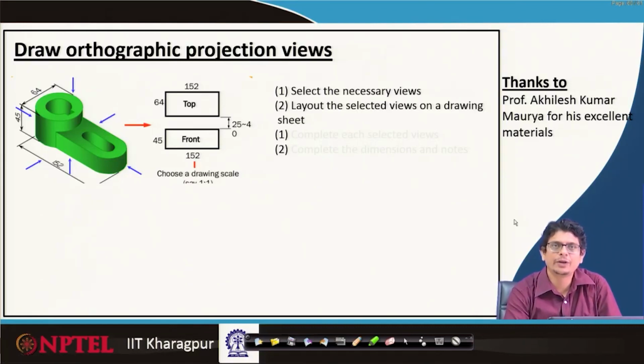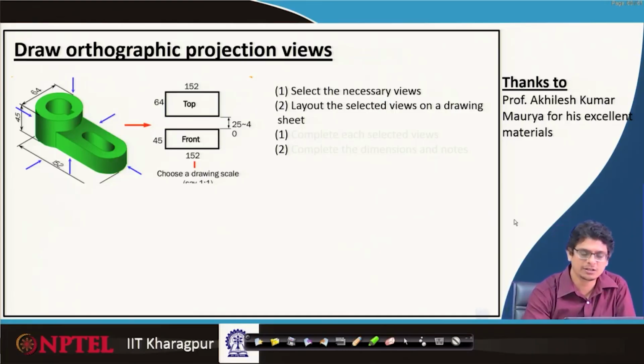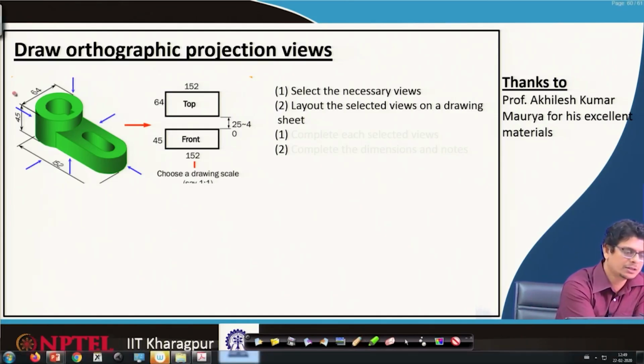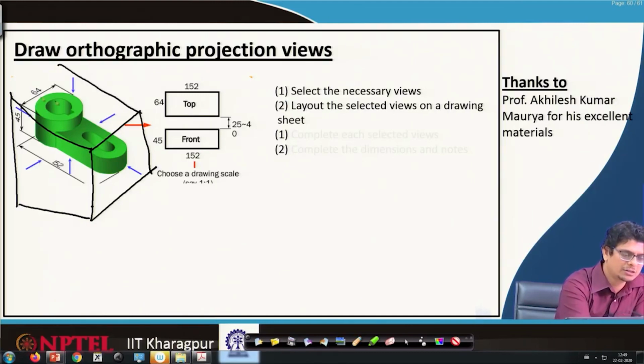Once that is done, we have to choose the layout of the selected views on a drawing sheet. For example, we would like to show the layout using the glass box method. Once it is chosen as the glass box method, what we are going to do is keep this box in the first quadrant. Something like this is the box we are going to construct, an imaginary one.